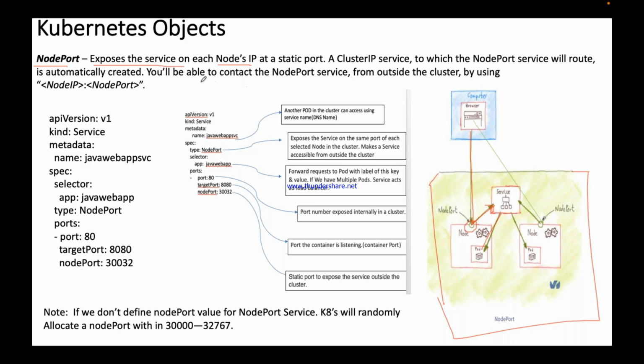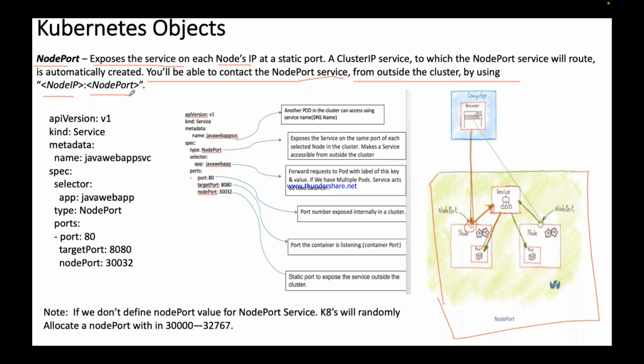Now you will be able to contact the node port service from outside the cluster. If I want to contact that Kubernetes service from outside, do I need to use node IP, which is your server IP, and also the node port I am using? Yes.